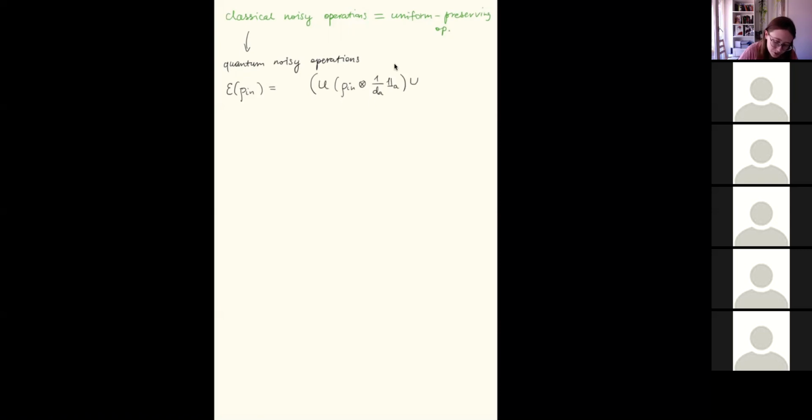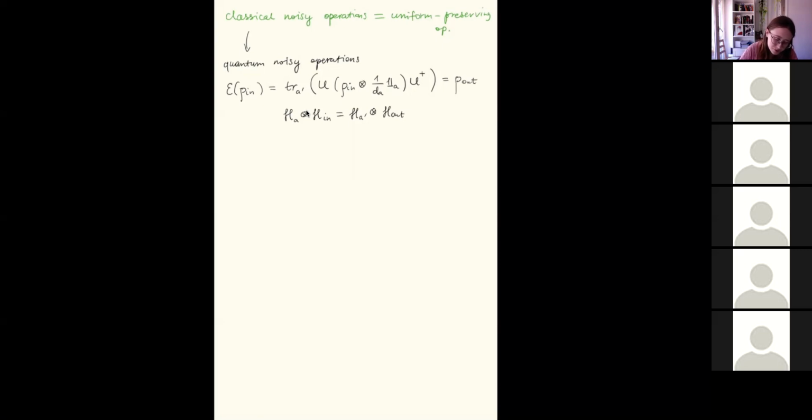Then we perform some unitary, and then we trace out some subsystem, which we call A prime. And A prime is the dimension of the complement Hilbert space, which is defined by the Hilbert spaces of the incoming and outgoing state. So this is rho out. Okay, so these are the quantum noisy operations.